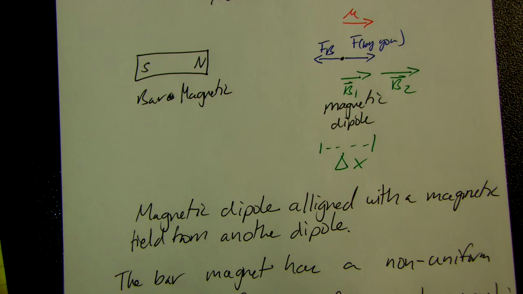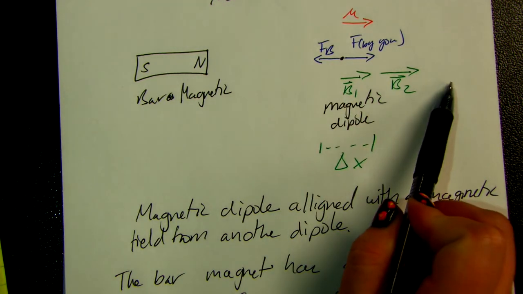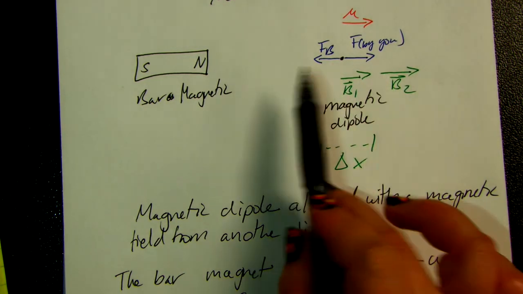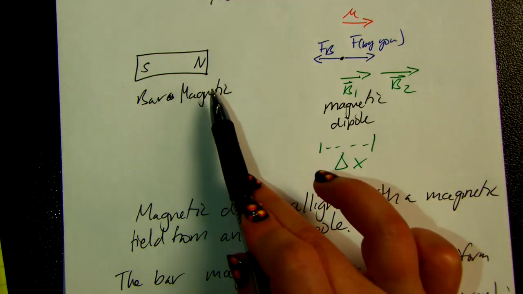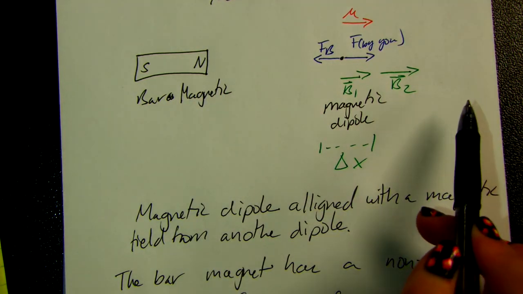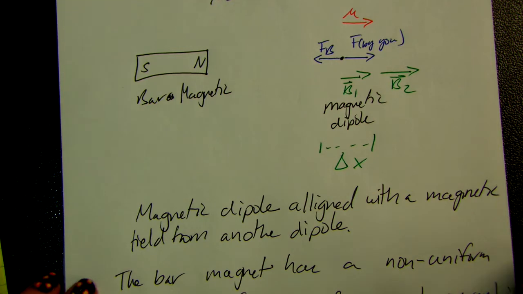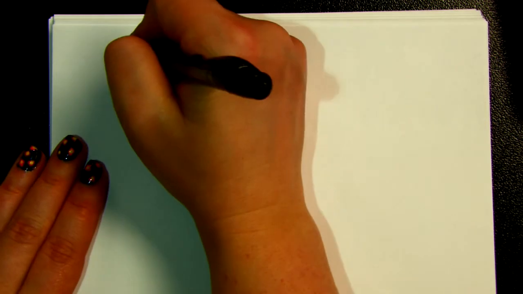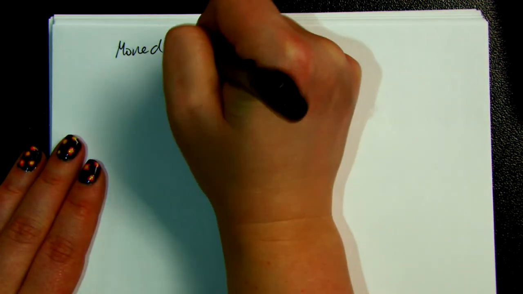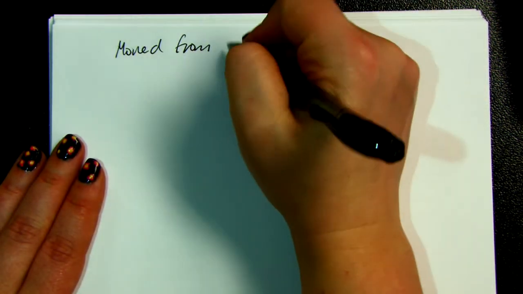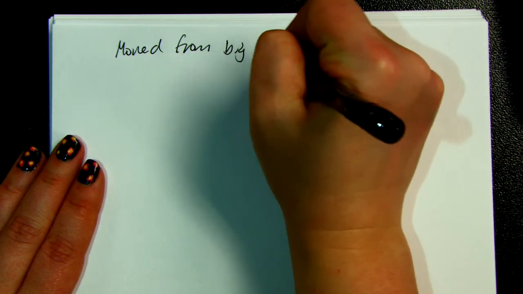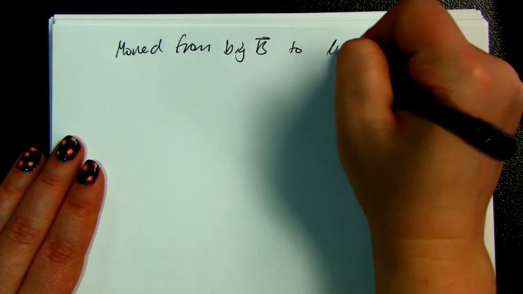Okay, so by moving the dipole away, we are moving from a large magnetic field that is closer to a smaller magnetic field. And so the implication of that, leave this here off to the side so I can bring the picture back to play. So we've moved from big B to little b.